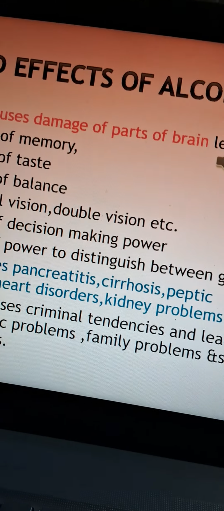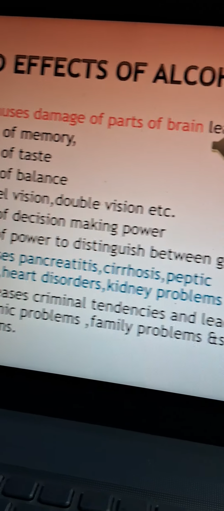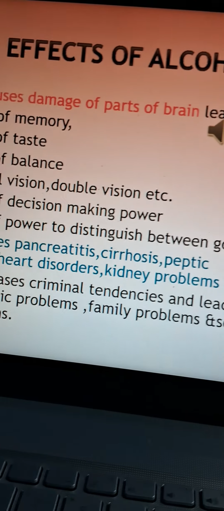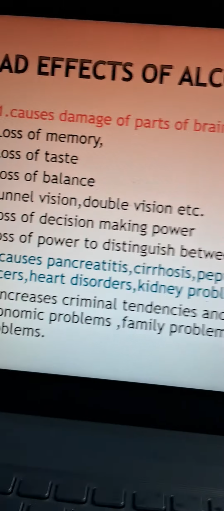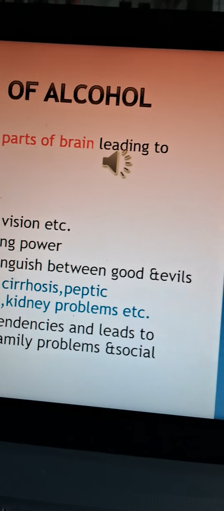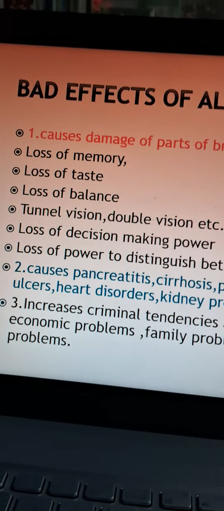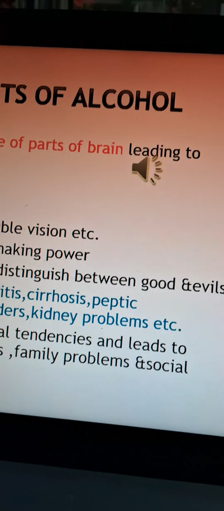Causes pancreatic cirrhosis, peptic ulcers, heart disorders, kidney problems, etc. And increases criminal tendencies and leads to economic problems, family problems, and ultimately leads to social problems.